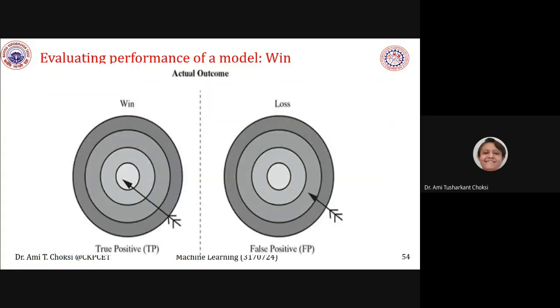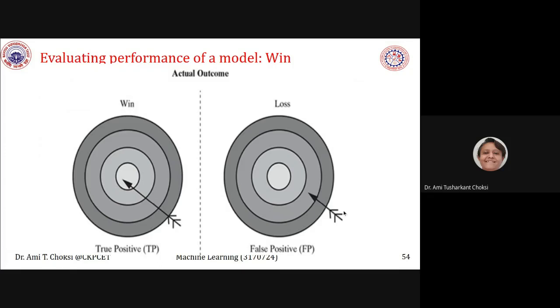Here we can say, when this arrow is in the center of the circle, we can say the person won, right? And the title is also win. So you can say it is true positive.